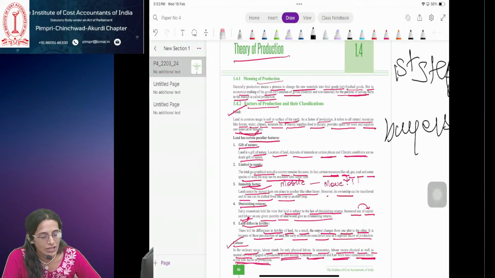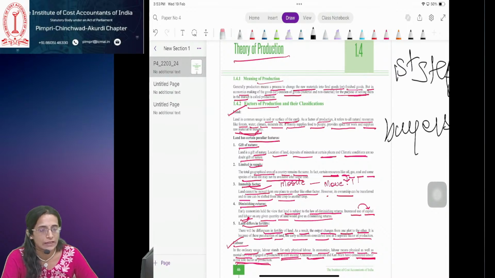So we can say it is a production unit. Generally, production means a process to change raw material into finished goods. But in economics, making of goods, material or non-material, for the purpose of selling them in the market is called production.